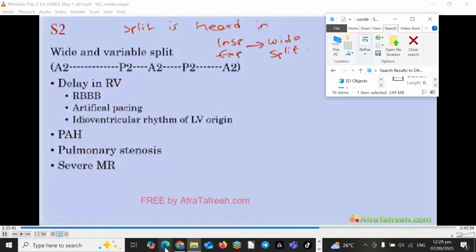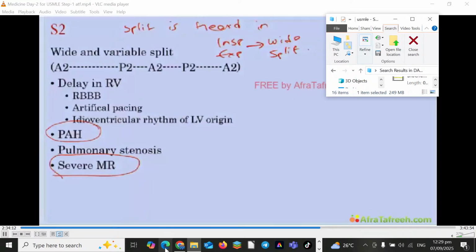Normally it takes 100 ml, now it is taking 150 ml, but during inspiration, it can accommodate 300 ml. So 150 got the splitting in expiration, and this 300 has resulted in that variable split. The causes of wide and variable split are severe MR and pulmonary artery hypertension. These two conditions can result in a variable split.